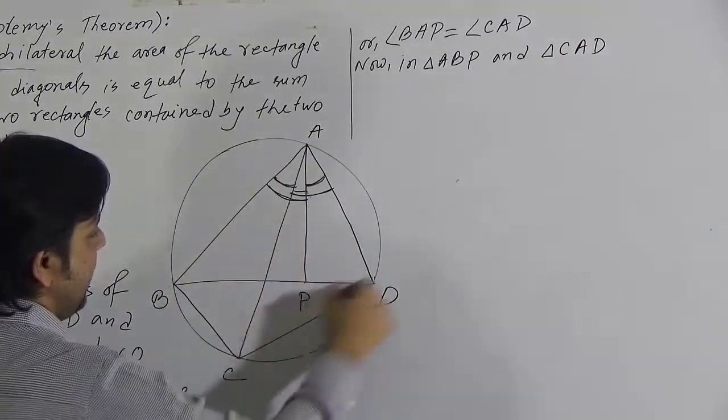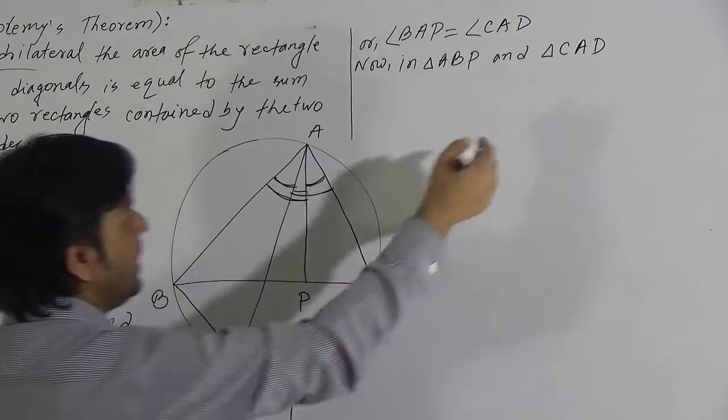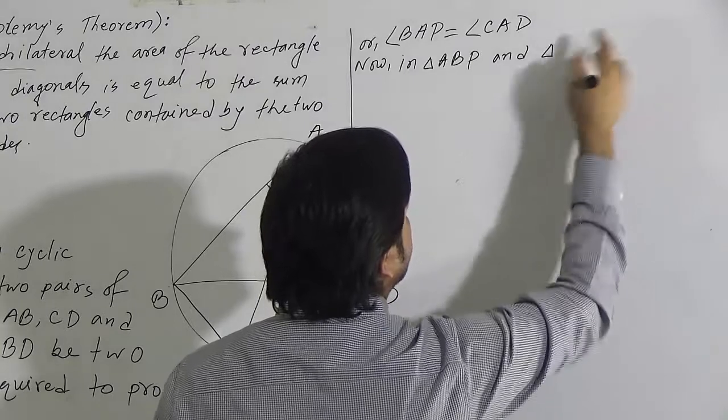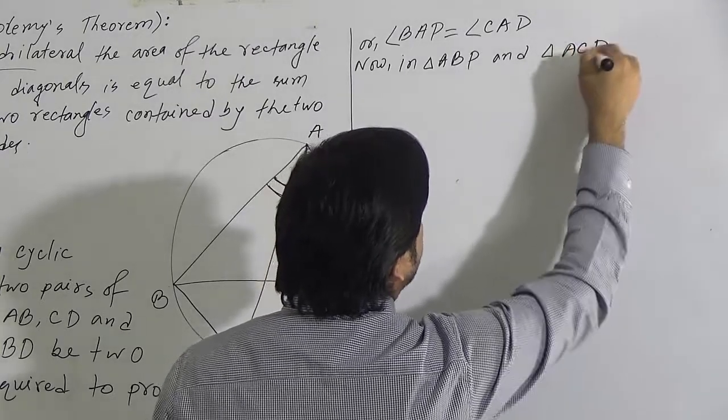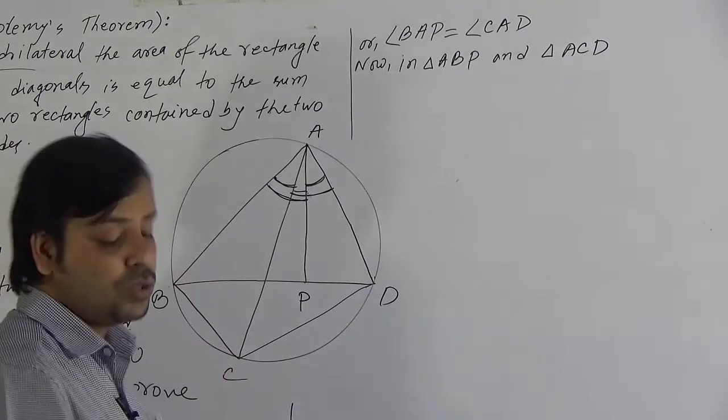It means this triangle CAD or ACD. We can write any one. If you want, you can write ACD in your book. We can compare these two triangles.